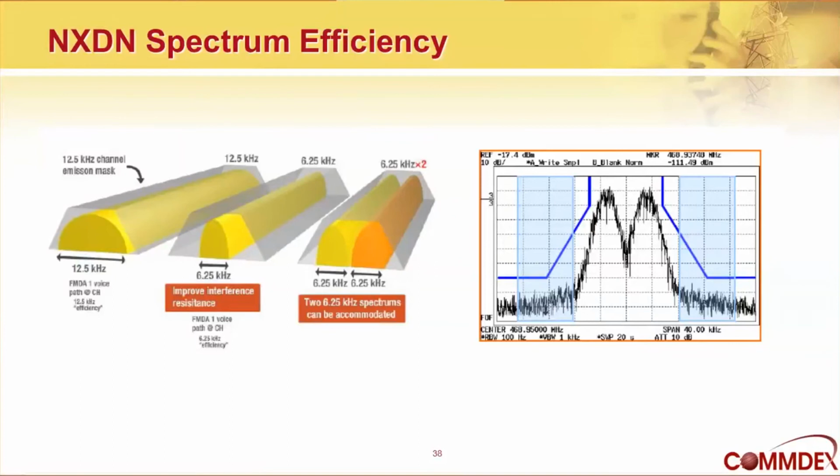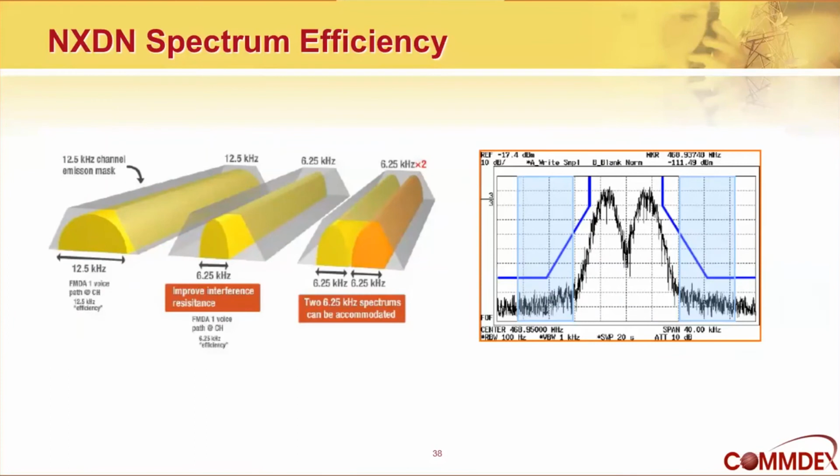As I said, there's two different flavors of NXDN. It can operate in 12.5 kilohertz, or you can go to 6.25. So here's a spectrum plot of the two-channel FDMA NXDN.